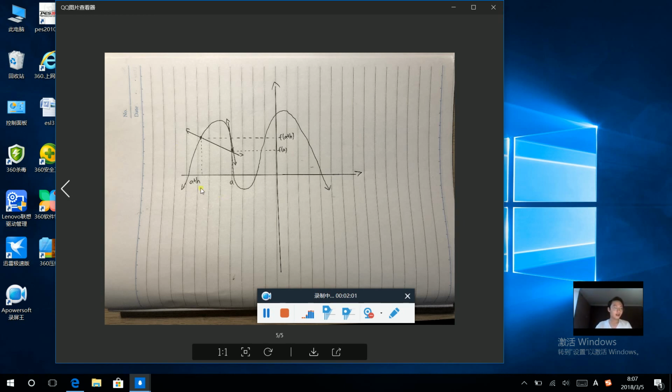For that, I want to show the relevance between the secant line and the tangent line.